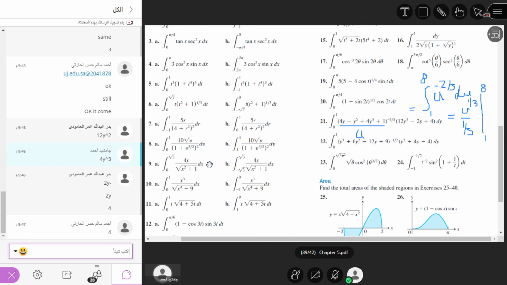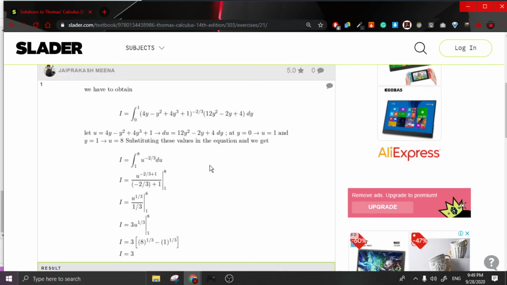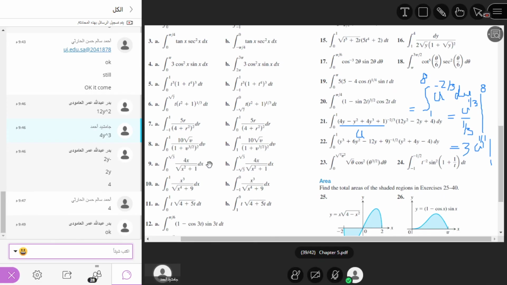So we get 3 u power 1 by 3, with upper limit 8 and lower limit 1.